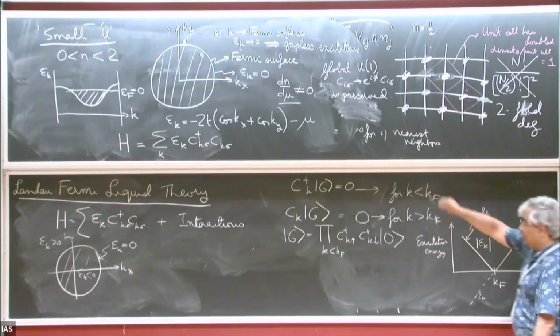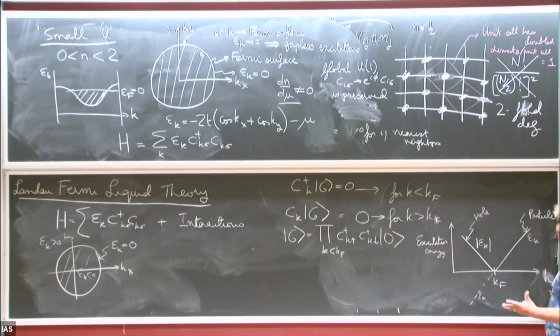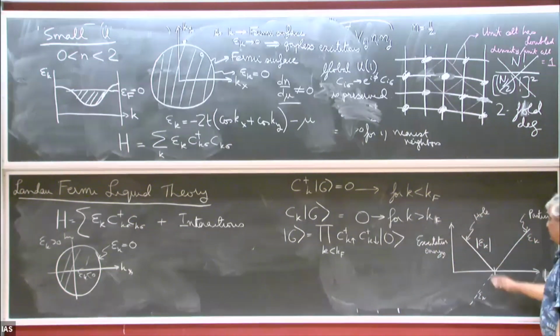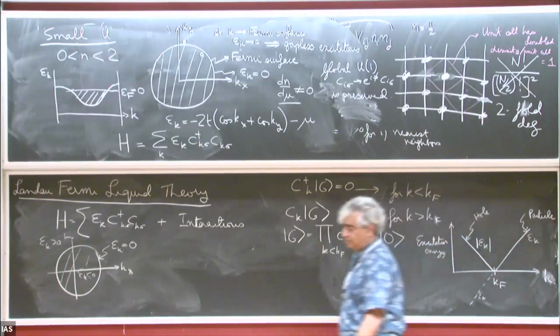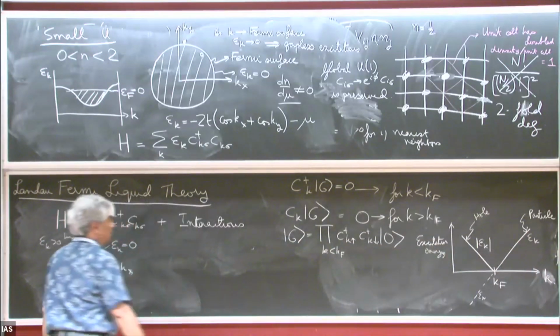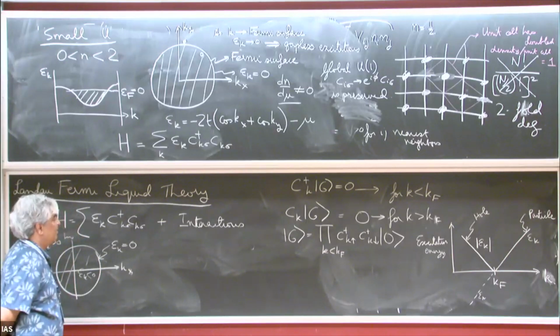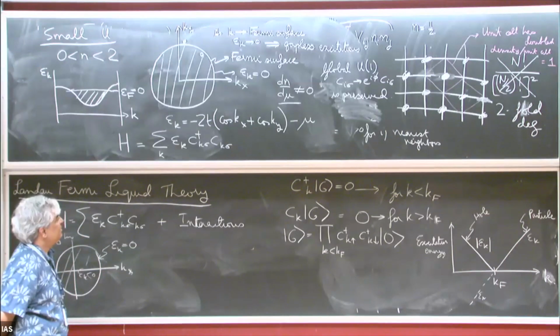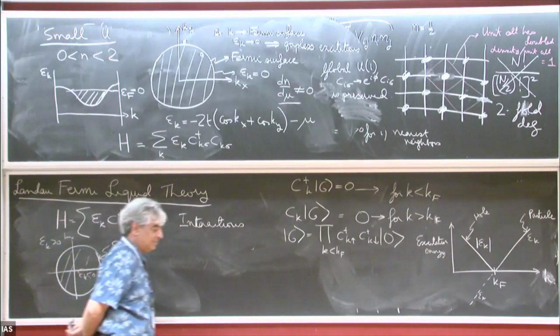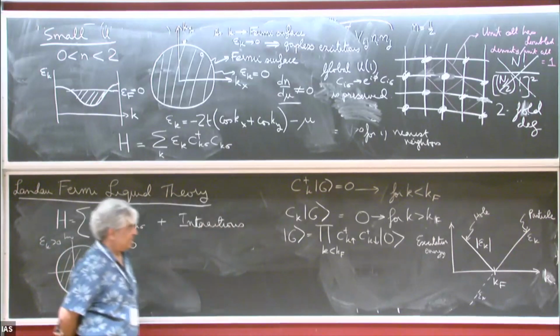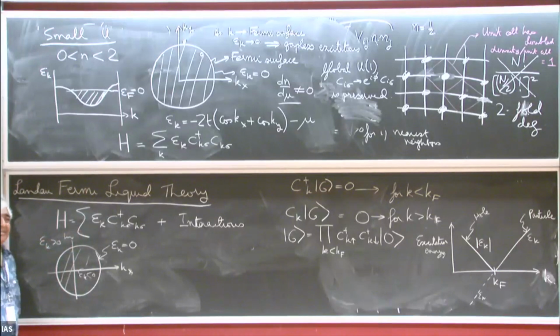All right, but these are all very special statements of the free Fermi gas. What is not a special statement is that the charge of the excitation changes as you cross the Fermi surface. So let's try to make that a bit more precise. That's what I want to develop along the ideas of Landau. At least in his original papers, Landau presented it as something that came out of pure thought.